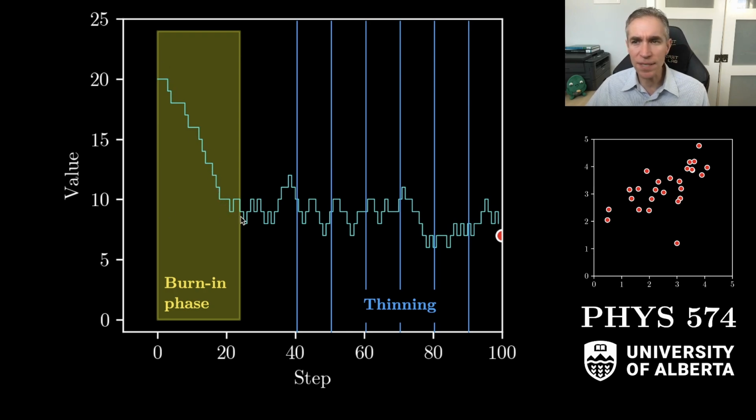And then once you start to get into the core of the PDF, it becomes probable, if possible, I should say, to take a step back upward. And it starts bouncing around here. Of course, over time, this walker sort of goes down and really gets into the core peak of the PDF. But this part here, as we're trending towards the main core of the PDF, is called the burn-in phase, which is it's trying to find the peak of the PDF.